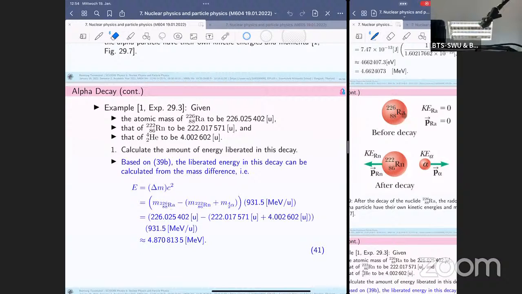This is the parent nucleus, and you could see the summation, the total mass caused by the two particles. The total mass is the summation of the mass of radon, the big daughter nucleus, and the smaller daughter nucleus, which is the alpha particle.